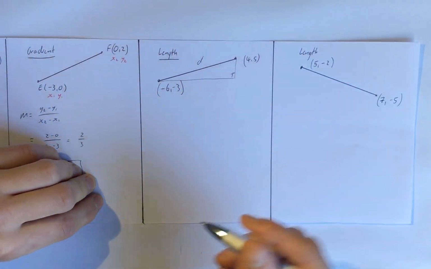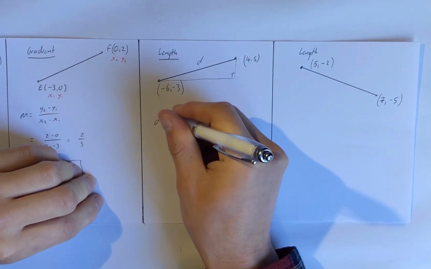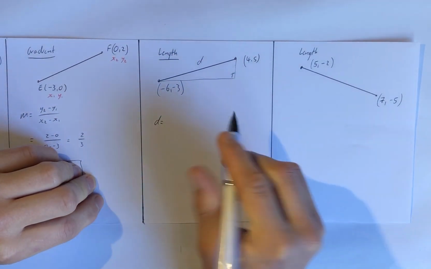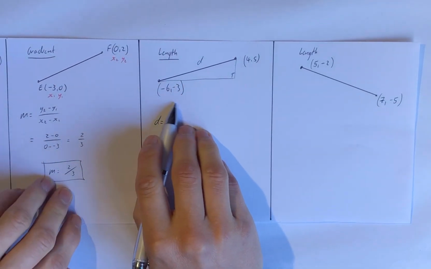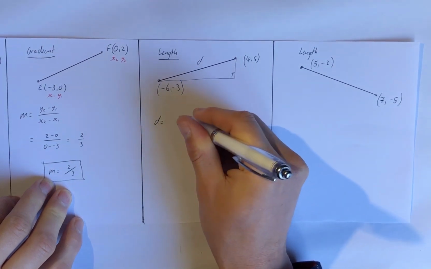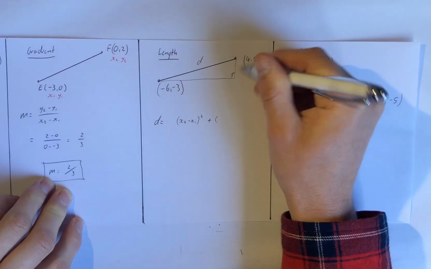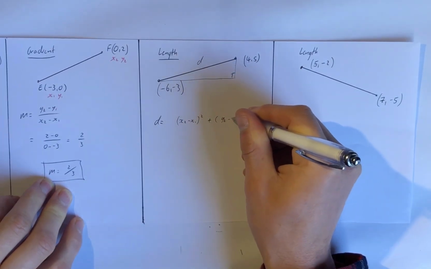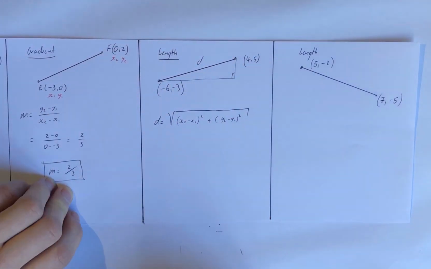So if we had a distance D or length L or whatever you want to call it, then D is going to be this length squared. So that would be just like in our gradient, that would be x2 minus x1 squared plus the difference in y, y2 minus y1 squared, and that would all be square rooted.